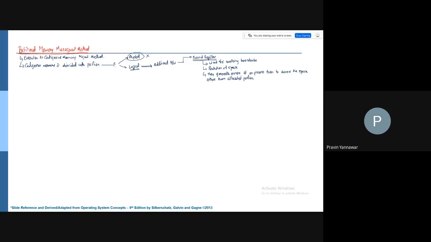Right, means if the operating system tries to access a user space, right? So in that case, this register becomes active and they don't allow that particular kind of action as such, right?